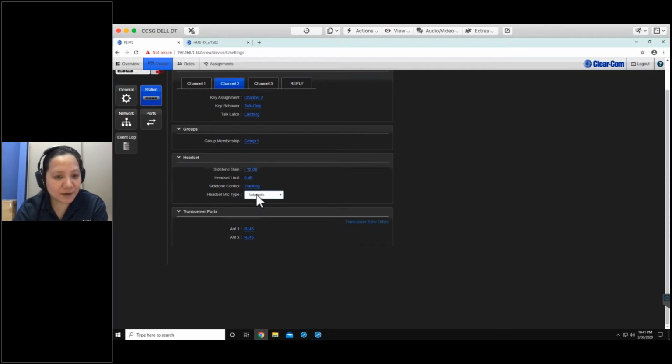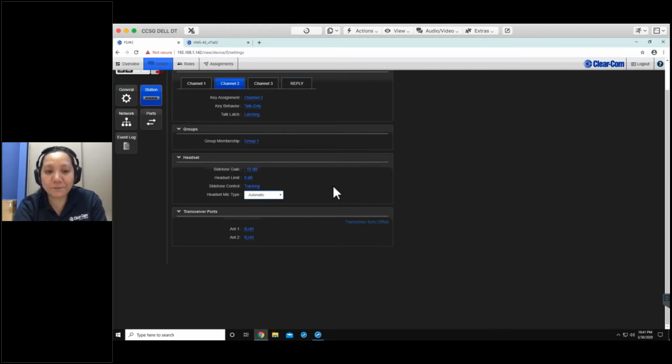Mic type, we have automatic mic detection, but the way it works, if I remember correctly, is it detects a certain ohm on the headset when it's plugged in. So once you plug in an electret headset or dynamic mic headset, it will auto detect. But I believe the benchmark was based on Clear-Com headsets.